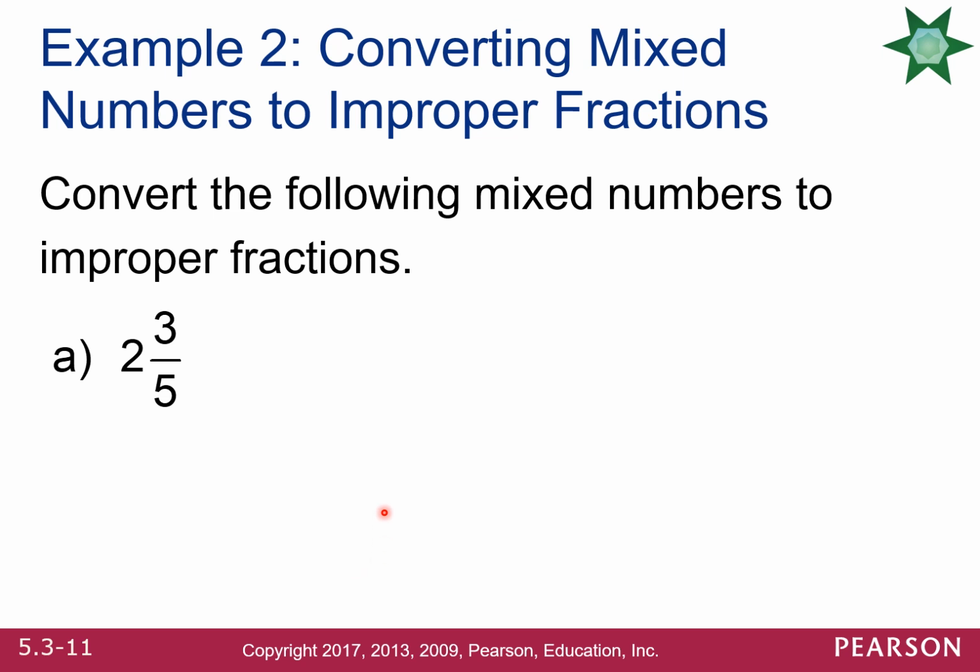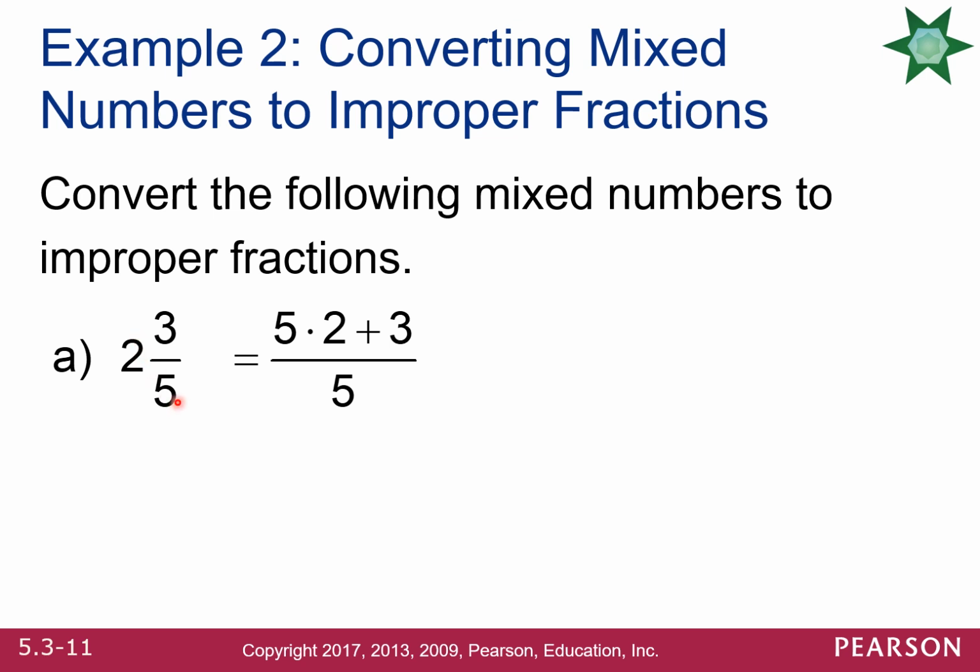Now some more examples of converting mixed numbers to improper fractions. They have the mixed number here, 2 and 3/5. So they put the denominator the same value as was in the mixed number. So 5 goes for the denominator of the improper fraction, and to calculate the value in the numerator they did 5 multiplied by 2.